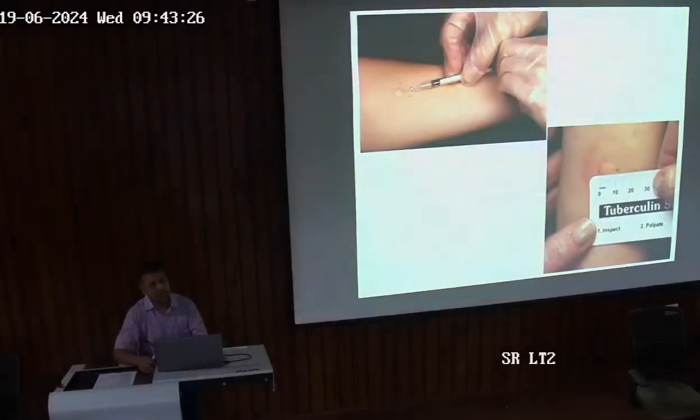This is the method. We are injecting on the forearm, ventral aspect. We make a circle around the lesion where we are injecting and ask the patient to come after 48 to 72 hours for the reading of this induration. And then we measure with the help of the scale what is the extent of this induration.